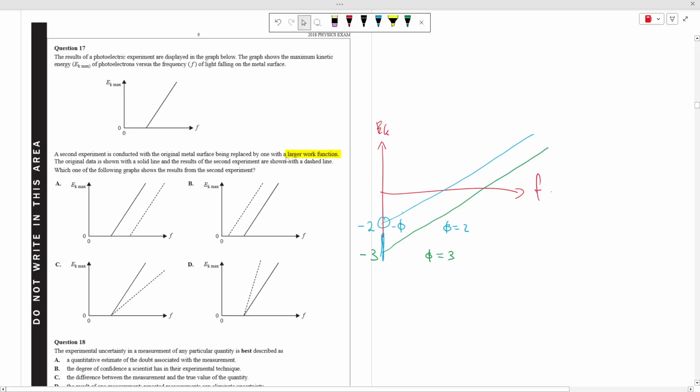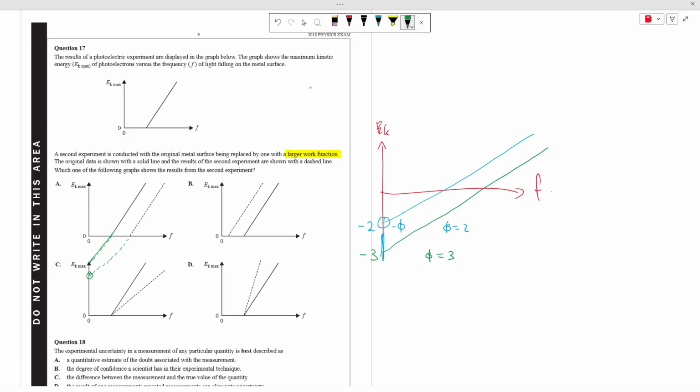So a metal with a larger work function will produce a line that is shifted down, translated down from the original line. And it would have the same gradient, because the gradient is telling us what Planck's constant is. If you imagine continuing this line down, where does it intersect the y-axis?